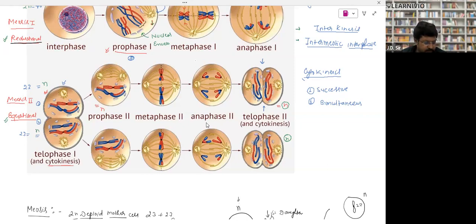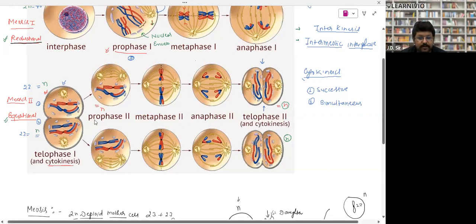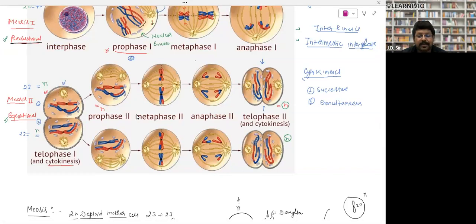So the first subheading is prophase second. This stage of nuclear division is very brief.